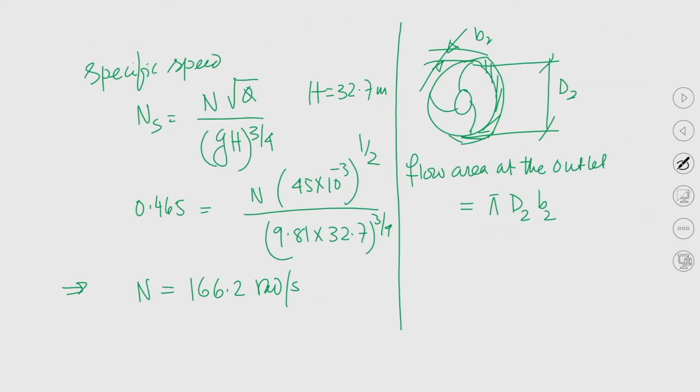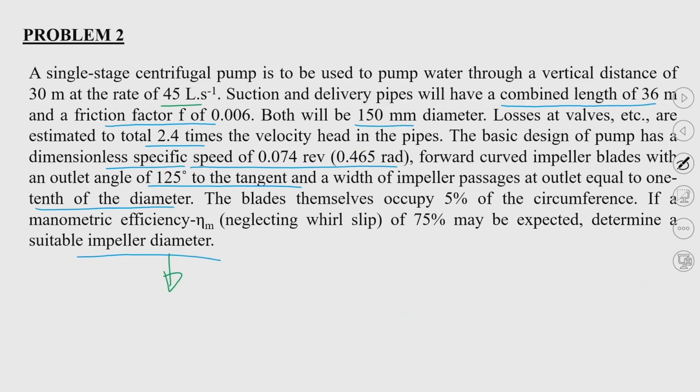So, what we need to do, we need to know B in terms of D, because ultimately we have to calculate impeller diameter, okay. So, if we consider impeller diameter at the outlet is d2, this is given pi d2 and B2 is 1/10 of the diameter, that is given, right. So, it is given that width of the impeller at outlet is equal to 1/10 of the diameter, right.